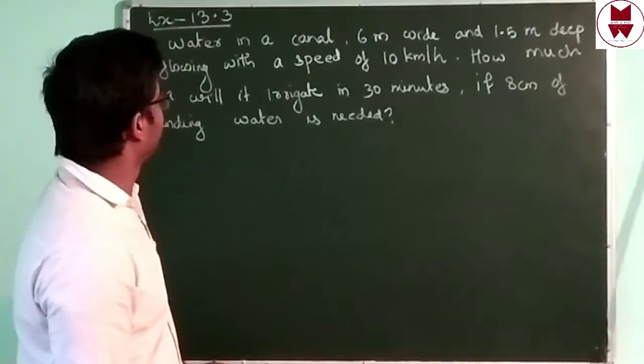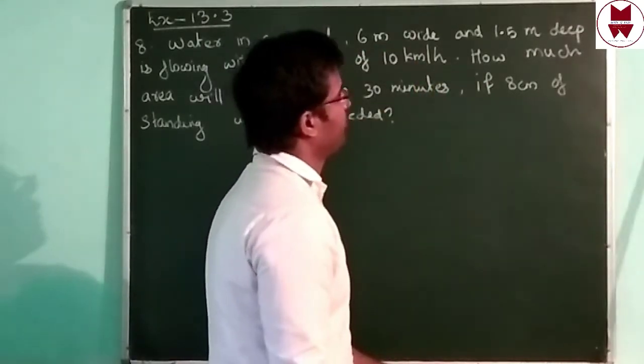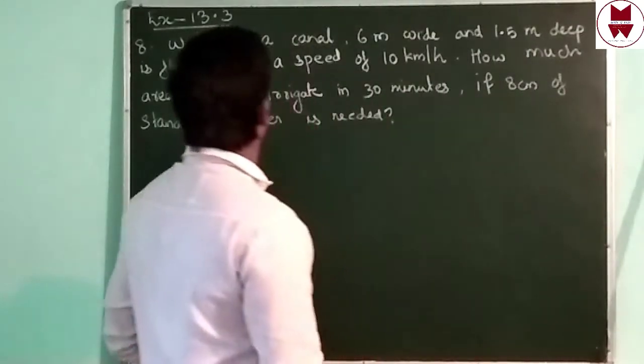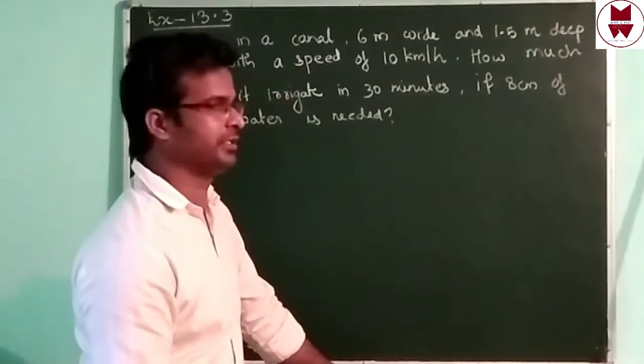Question number 8. Water in a canal 6 meter wide and 1.5 meter deep is flowing with a speed of 10 km per hour.